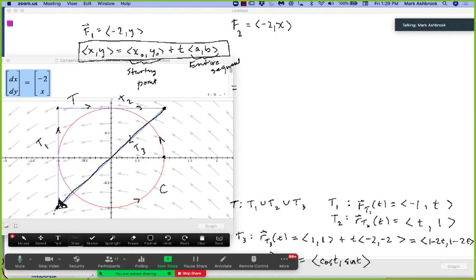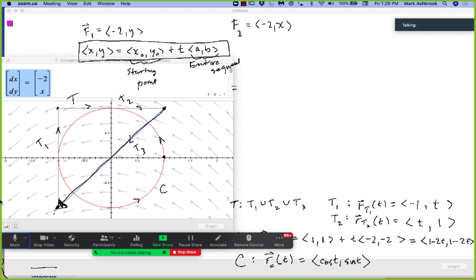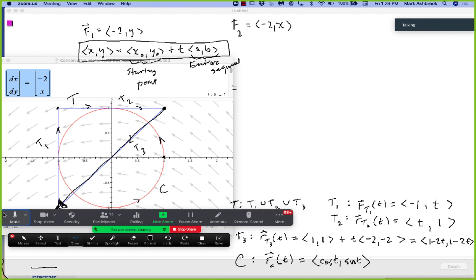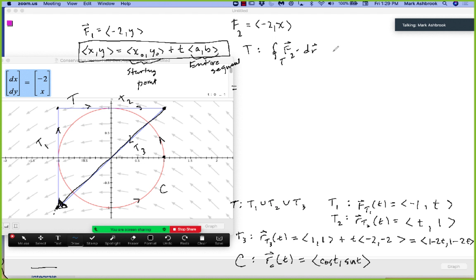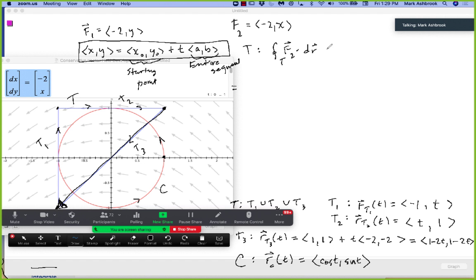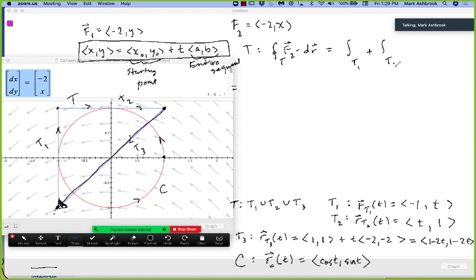We're using the same parameterized curves, T and C. And so this will go a little faster, I think. So for T, the circulation around T, F2 dot dr will again be the sum of T1 plus T2 plus T3.